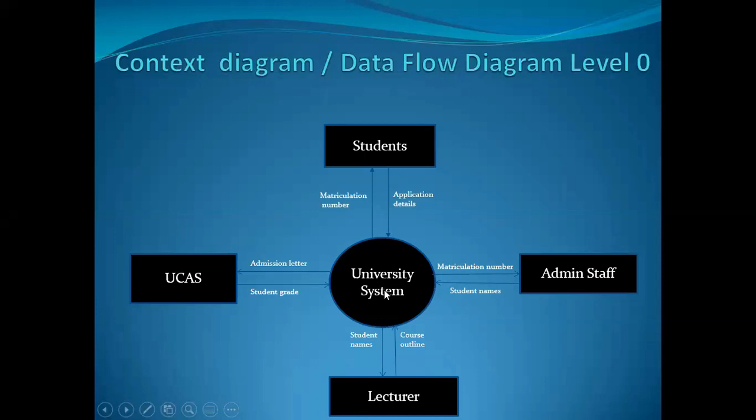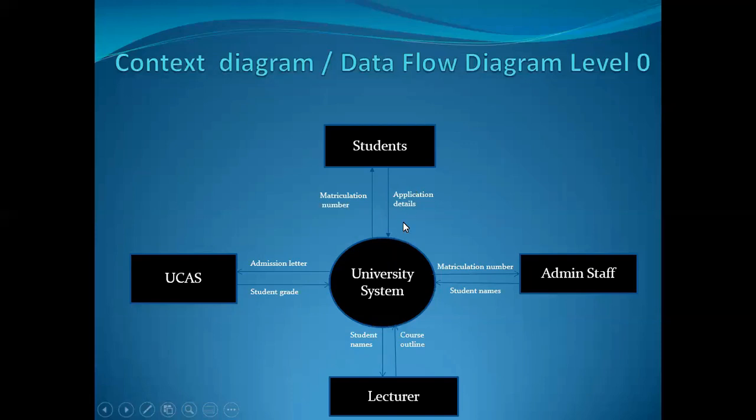The context diagram shows the data flow in and out, and how the system interacts with the external entities. Even the student is external to this system. We call all these entities, but this is the main system that we are trying to work on.